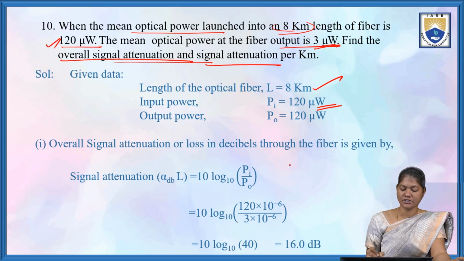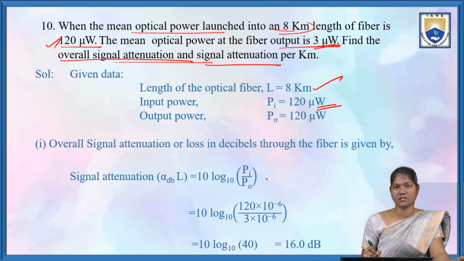So the overall signal attenuation or loss in decibels through the fiber, alpha decibels L, is equal to 10 log of power input by power output, base 10.